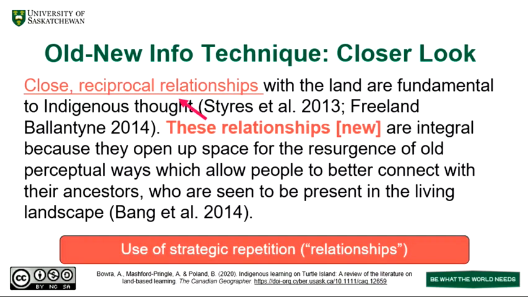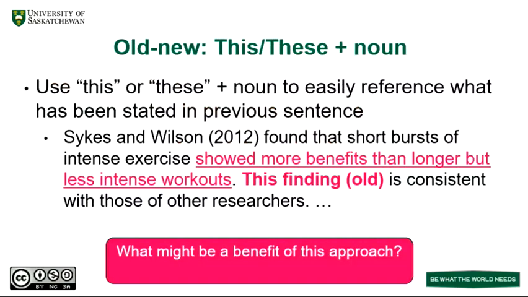So we have in this example some strategic repetition because we are making reference to relationships in our first sentence and relationships at the beginning of our next sentence. So it's a way to create a little bit of overlap, a little bit of linkage between these two sentences.